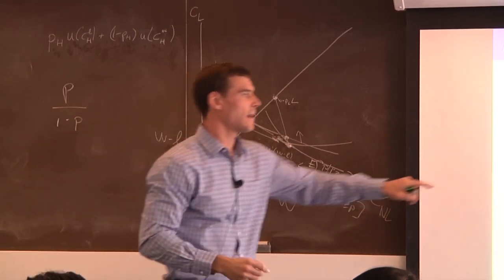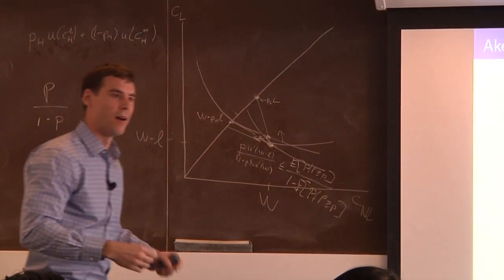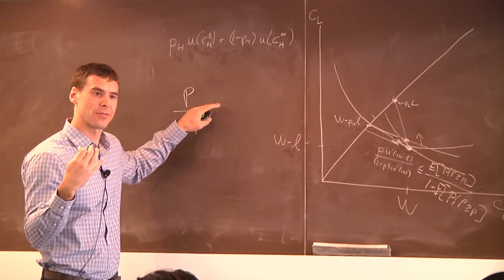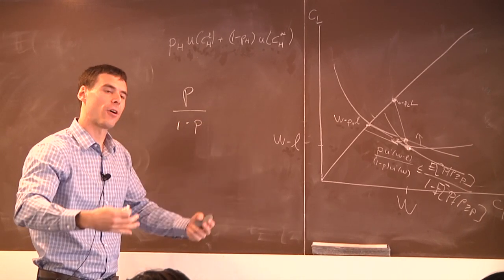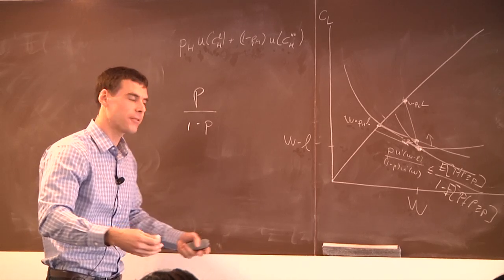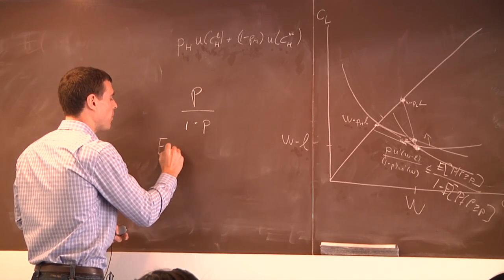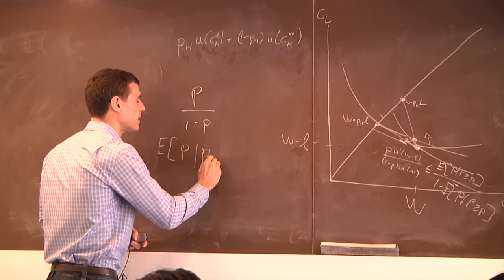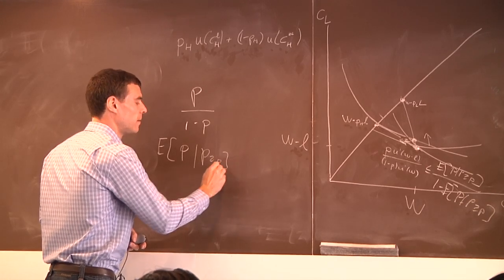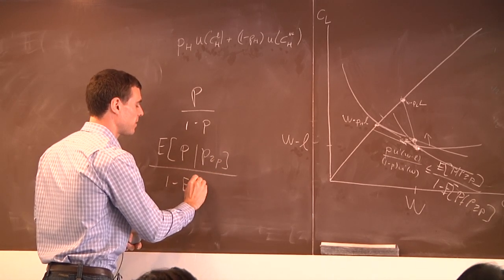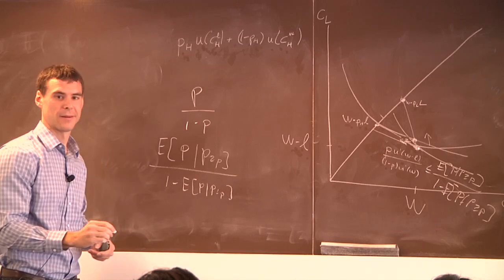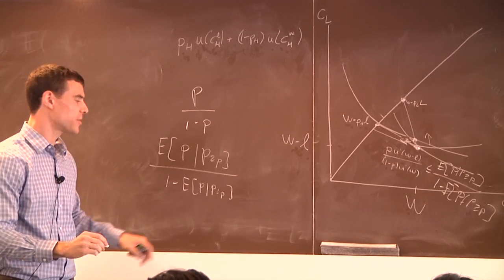But if we take the logic of Akerlof that there are all these other guys that would also demand this kind of a transfer, then the average cost of providing that transfer would be the average probability, which I'm going to call capital P, of everybody who's a higher risk than p, over 1 minus that average probability. Okay? So that's the right-hand side.